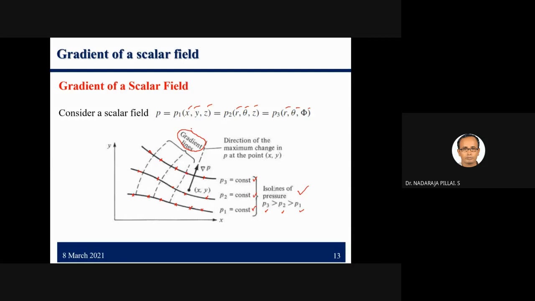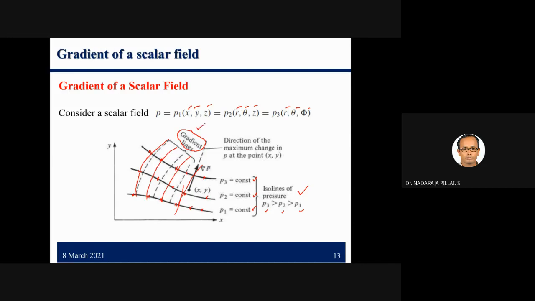So assume there is a pressure, a difference in pressure, and a gradient line. The direction will be based on the low pressure and high pressure. The direction of flow we can represent in terms of gradient lines.